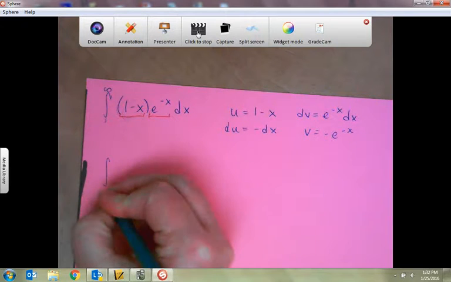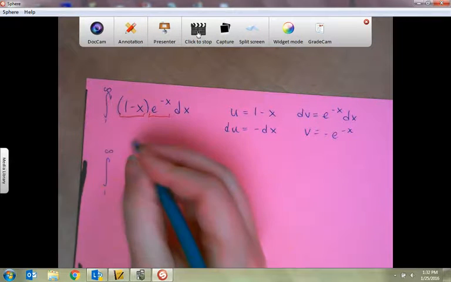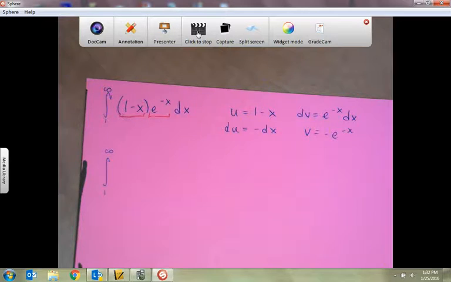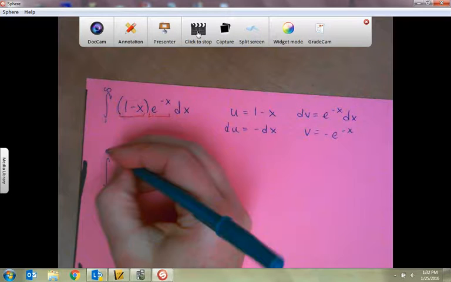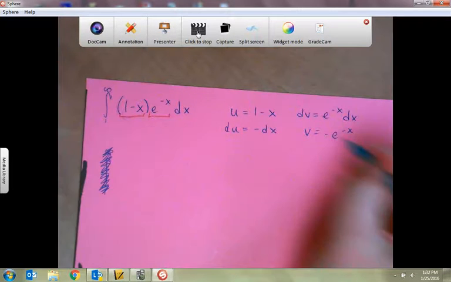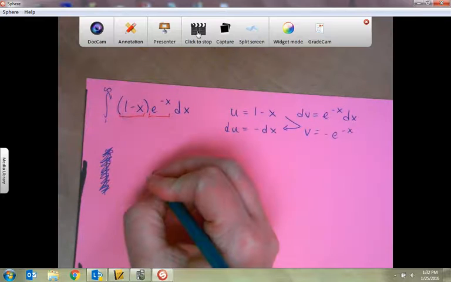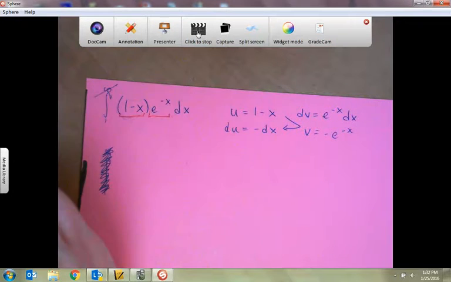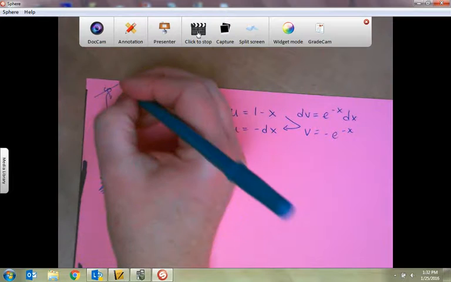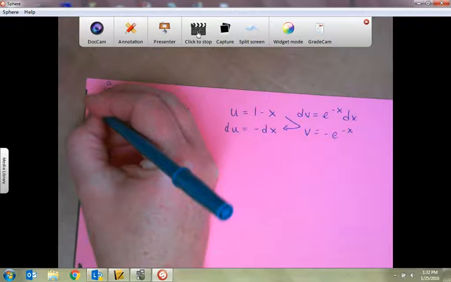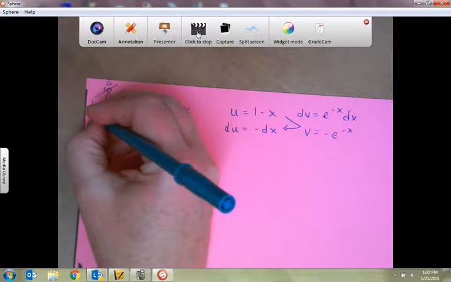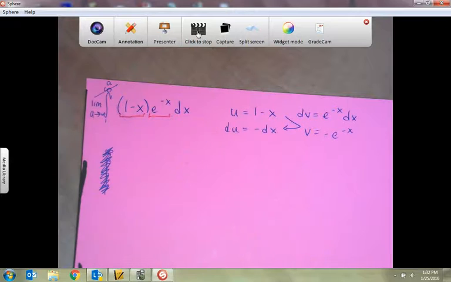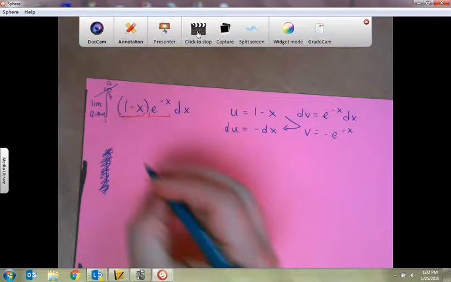Again, you can pick any variable. So the limit as a goes to infinity, and we're going to do u, v, and this needs to be evaluated from 1 to a, minus the integral of v du, so negative and a negative become the positive, and again that's 1 to a.